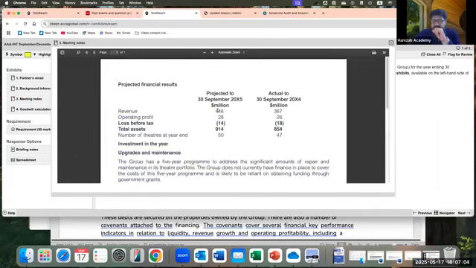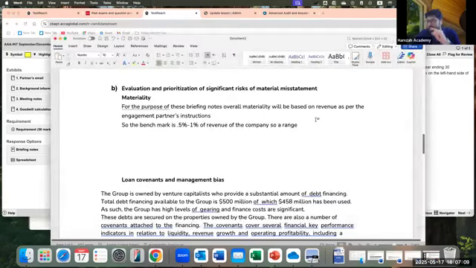So this year revenue is 446 million. 1% becomes 4.46 million, which is the upper range. And 0.5% will be 2.23 million. A range of this.